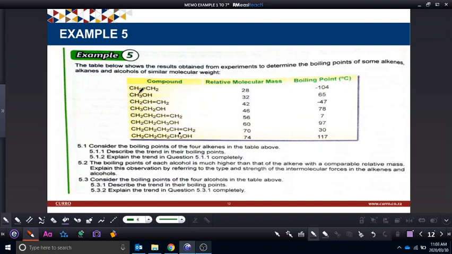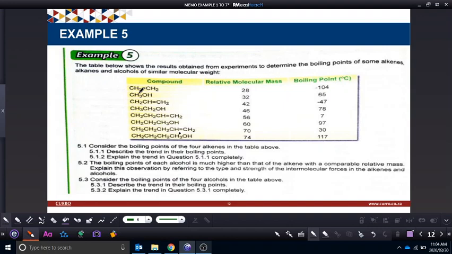Then we need to compare. The hydrogen bonds are stronger than the induced dipole forces, meaning that the boiling point will be much higher for the alcohols than for the alkenes. That means more energy will be needed to overcome the intermolecular forces in the alcohols than in the alkenes.